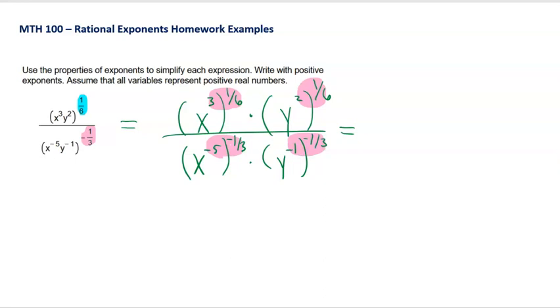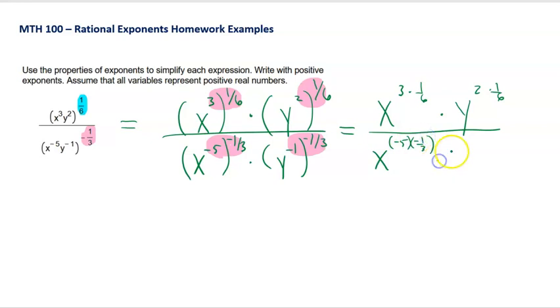So I'm going to multiply x, and it's going to be 3 times 1/6, and then it's going to be y, and then 2 times 1/6, and in the denominator, you're going to have x, and then up here I'm going to have -5 times negative 1/3, and then y, and then -1 times negative 1/3.